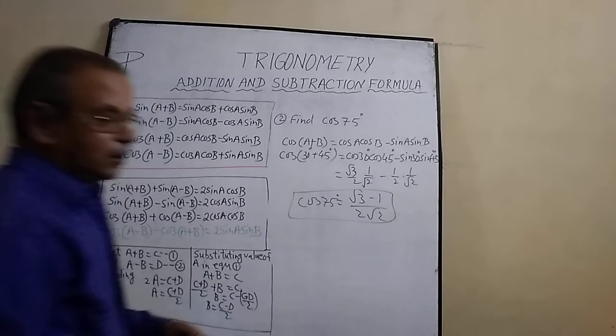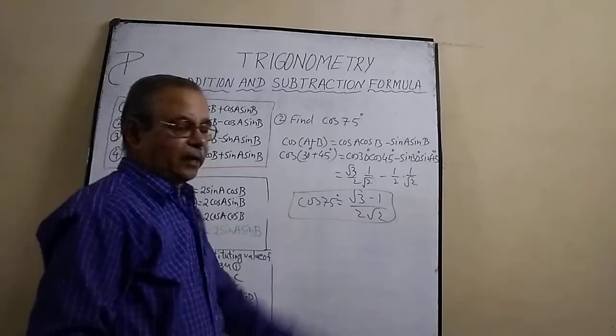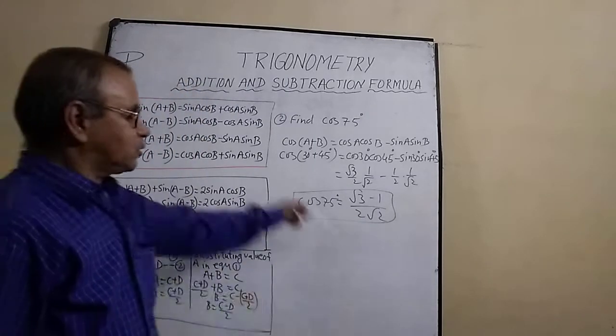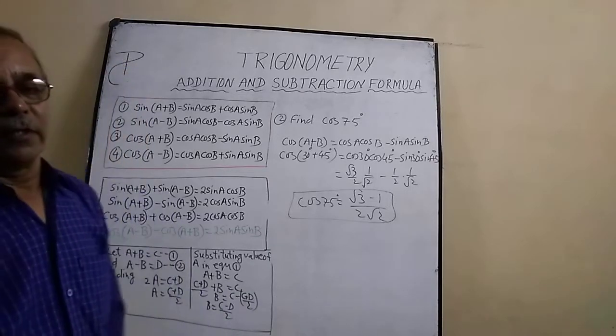So this is a coincidence that sin 15 degrees and cos 75 degrees have the same value.